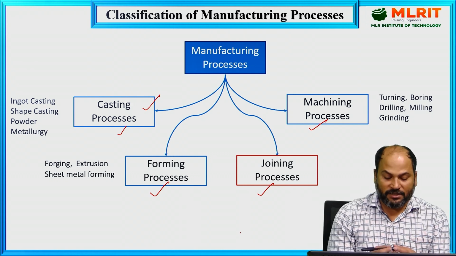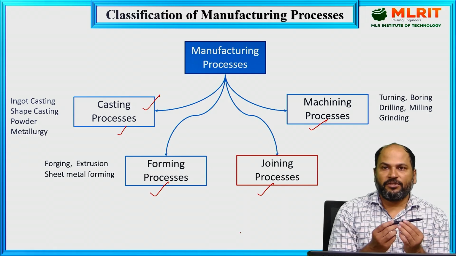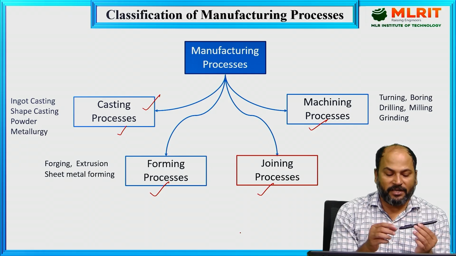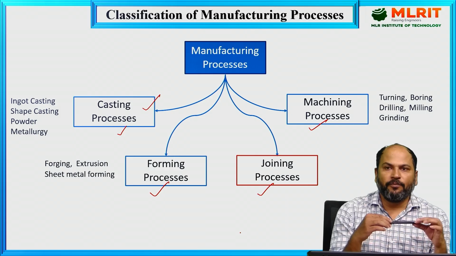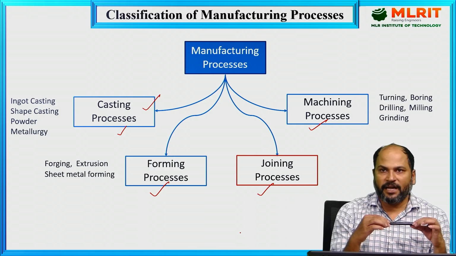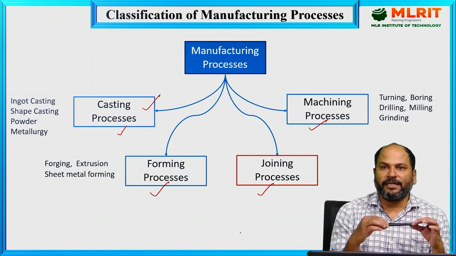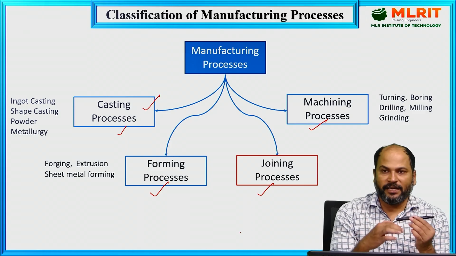For example, this stylus in my hand. Suppose I have to increase the length of this stylus. What I will do is pull this specimen from both sides, meaning I have to apply tensile force. So what will happen, its length will increase and its cross sectional area will decrease.